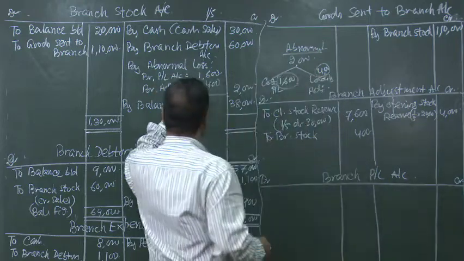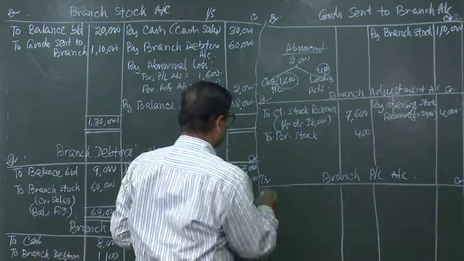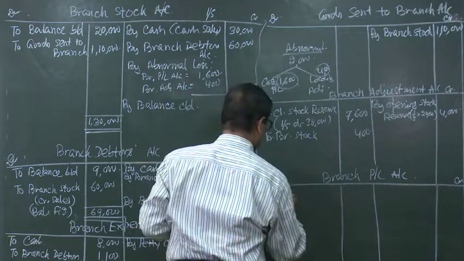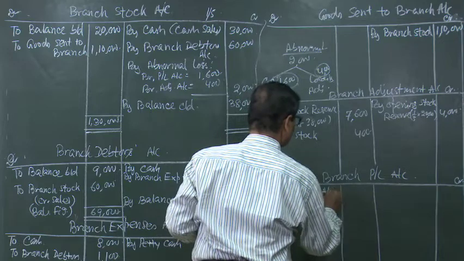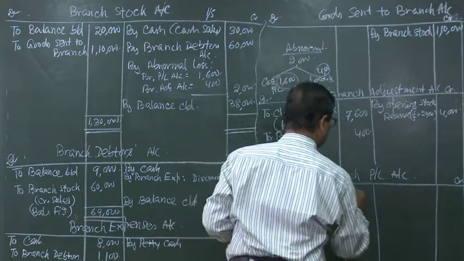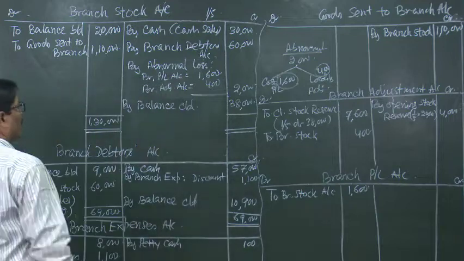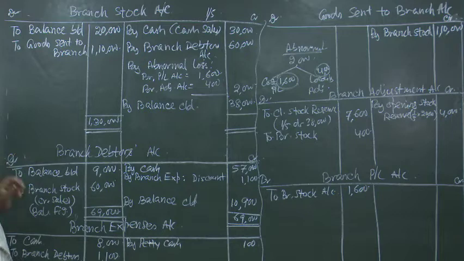Similarly, the cost of the abnormal loss, that is 1,600, will be branch PL account debited to branch stock account. This is with the cost, that is 1,600. So, in this way we close the branch stock account. So, branch stock account is closed, branch debtors account is closed.